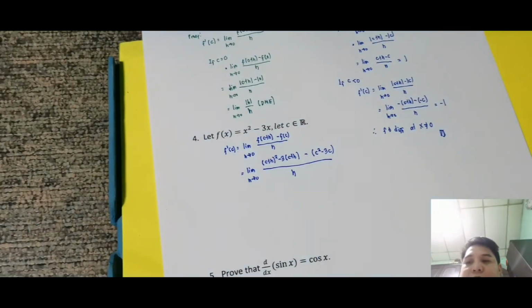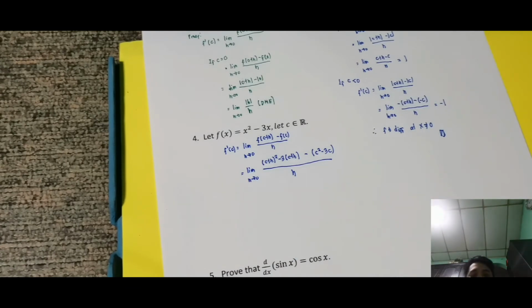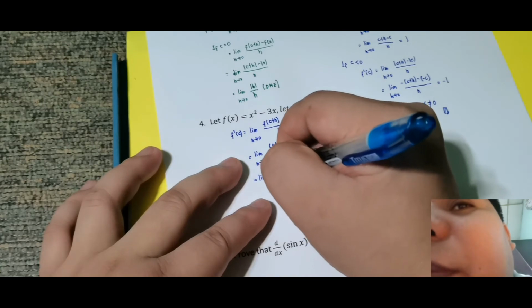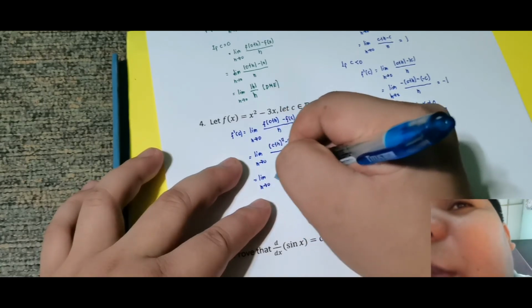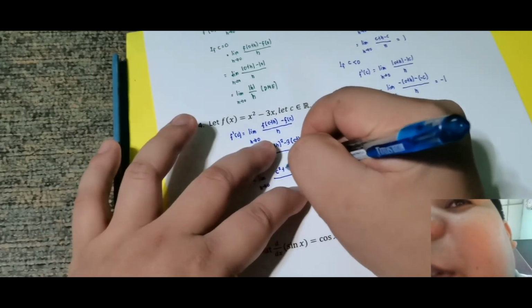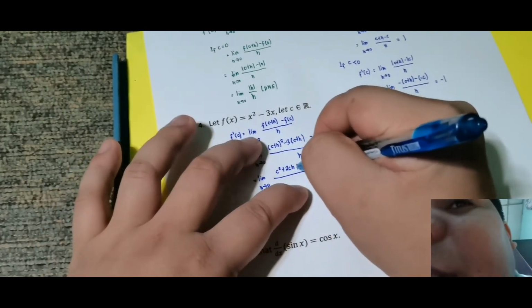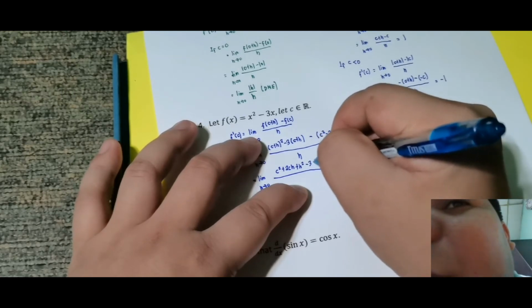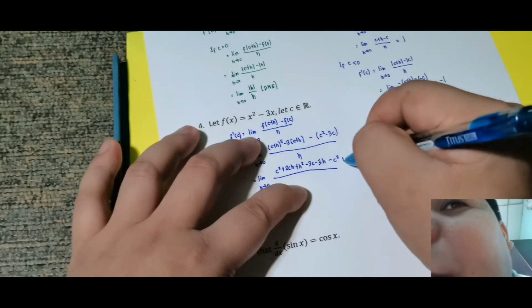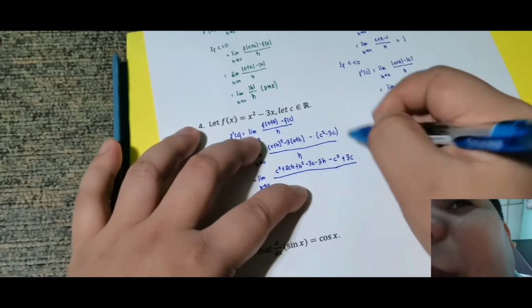Okay, then mag-simplify tayo further dyan. Pag nag-simplify tayo dito, I think c plus h squared, simplify natin muna. So this limit as h approaches 0 ng c squared plus 2ch plus h squared minus 3c minus 3h minus c squared plus 3c, okay, all over h.